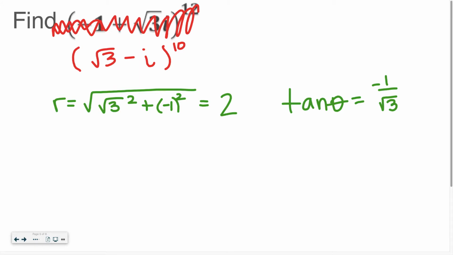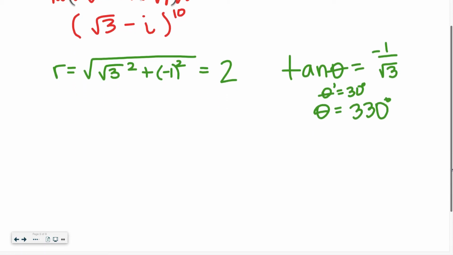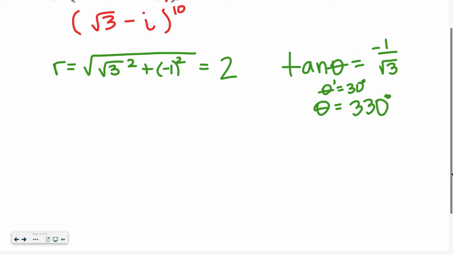So if our reference angle is 30 degrees, then our angle is really 330 degrees. Okay. So what we have is 2. I'm going to use the shorthand.